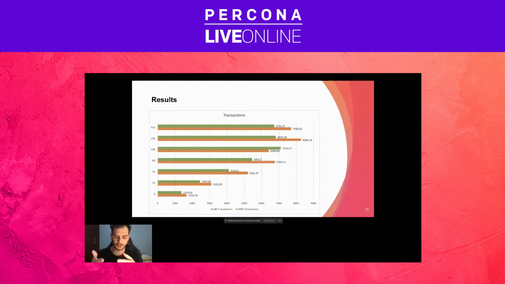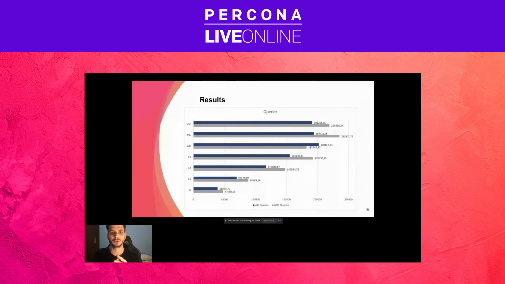One thing to make clear: when I prepared the data set, I ran Sysbench on both platforms twice and discarded these results to avoid buffer cache issues, anything like that. So the first 2 runs I discarded. And as we can see, only in one specific case x86 did better than ARM.